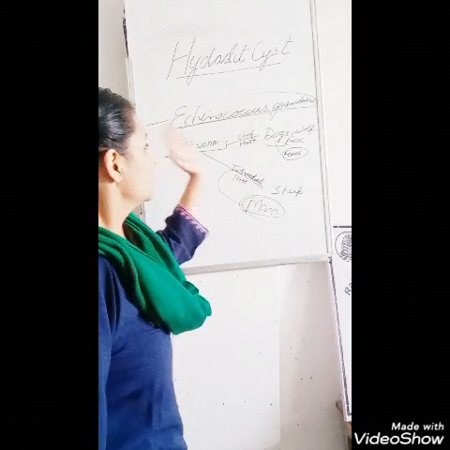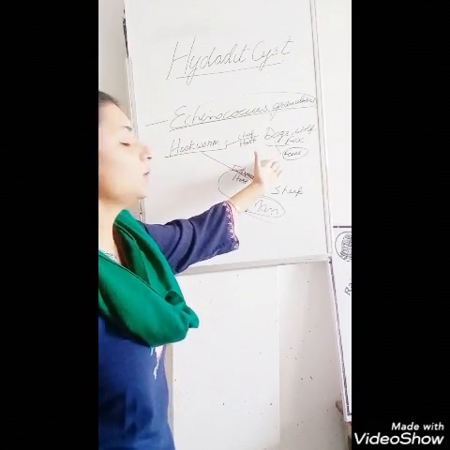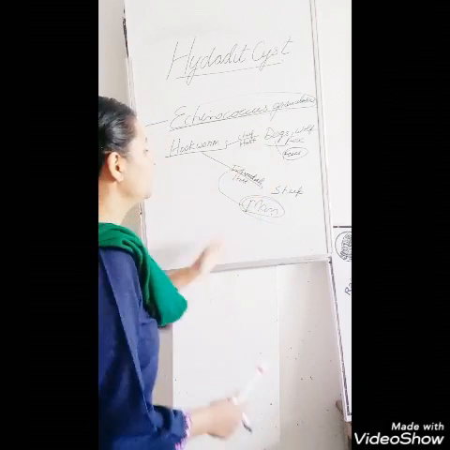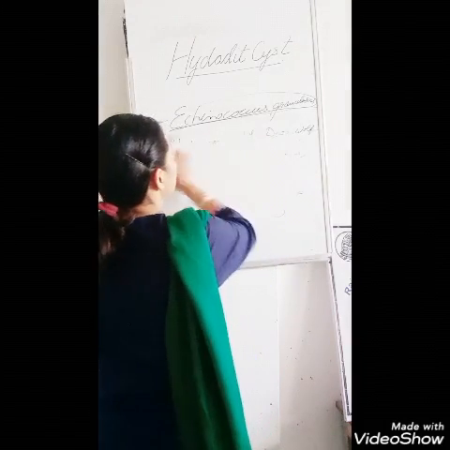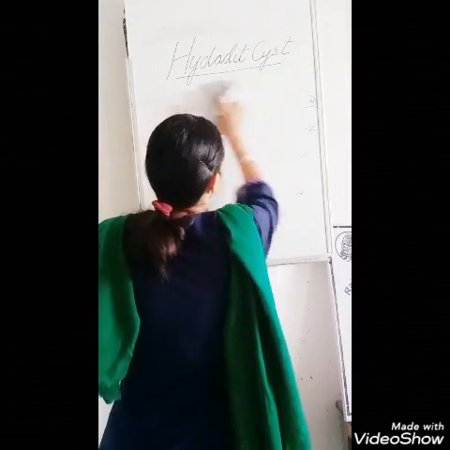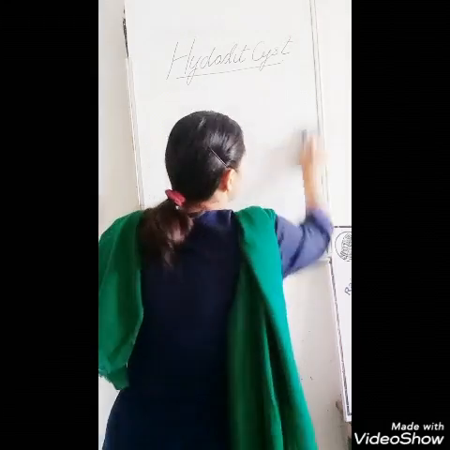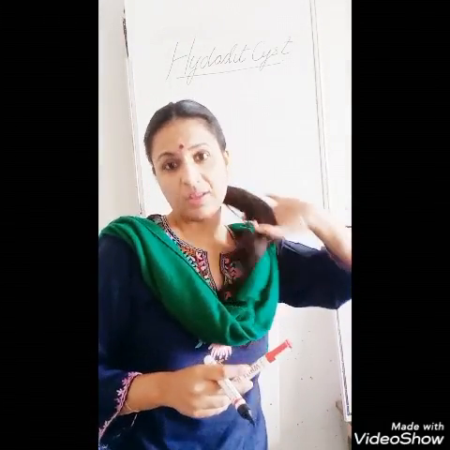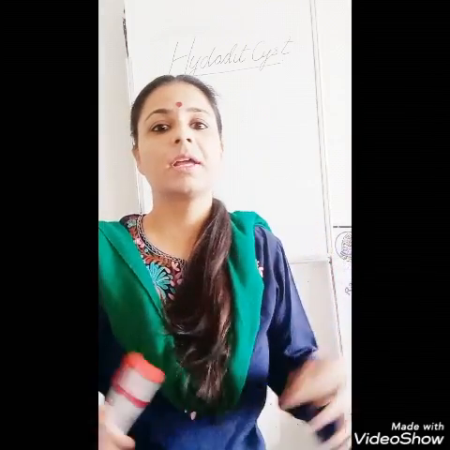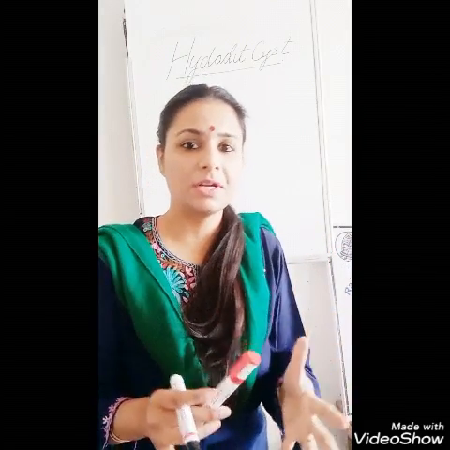So the chief host is dogs, wolves and foxes, and the intermediate host is sheep, but the accidental intermediate host is man.